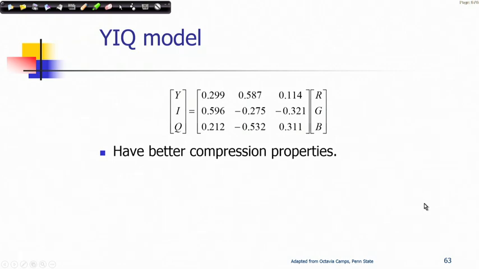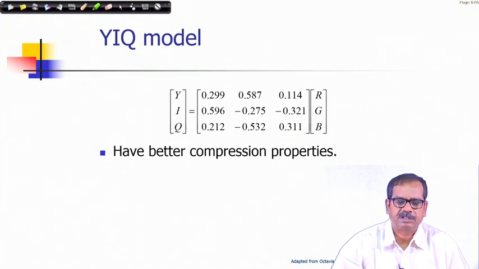There is another color space which is called YIQ color space, and its respective transformation has been shown here. It is a linear transformation. It has the property of better compressibility of information. So, usually the chromatic components I and Q require less bandwidth to represent the color variations.